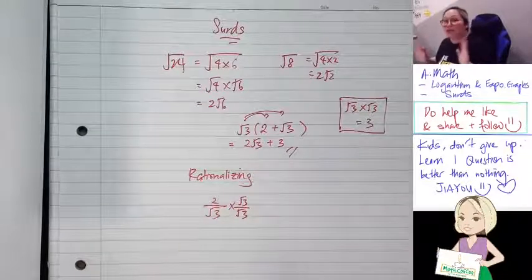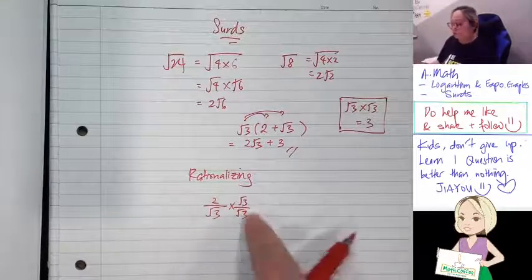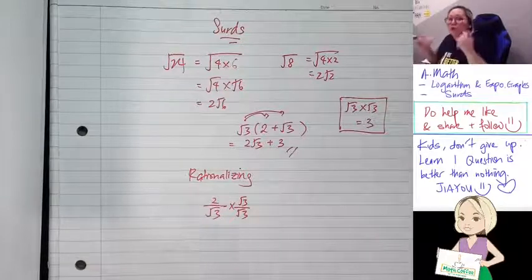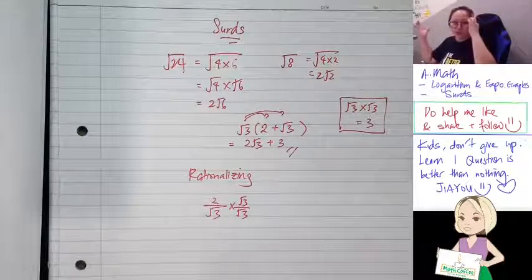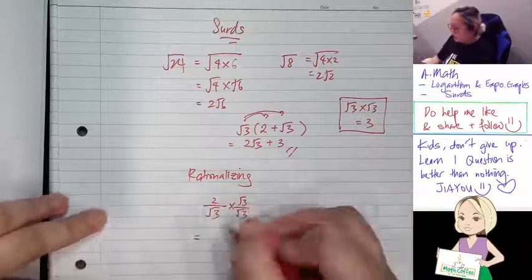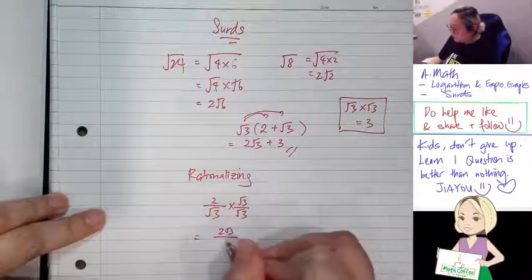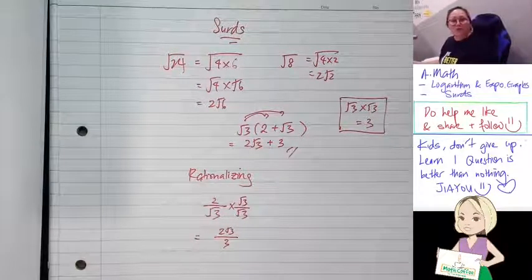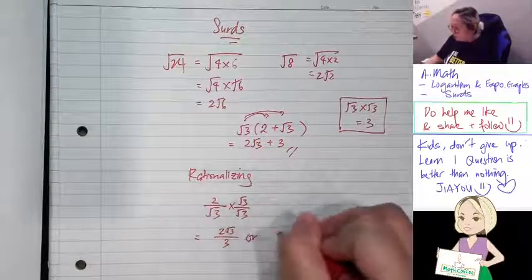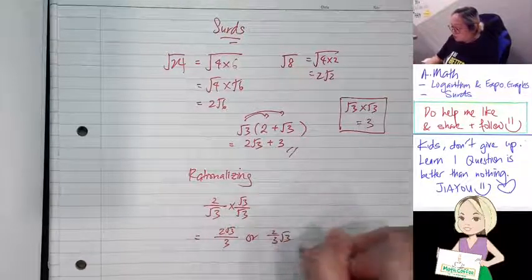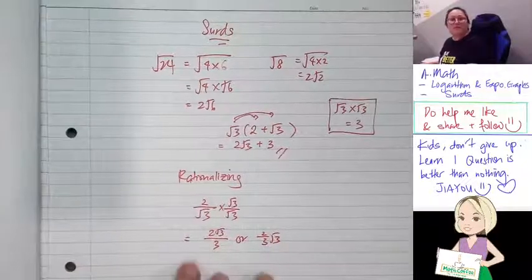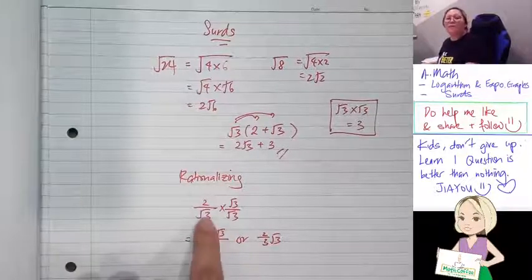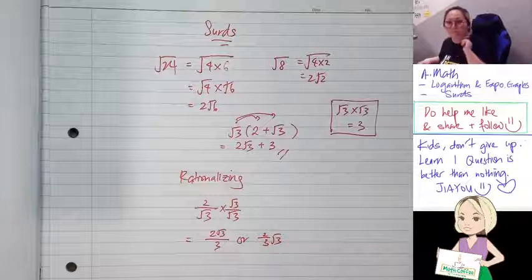So I'm not changing any value. Square root 3 over square root 3 is actually 1. I just want to bring the surds to the numerator. So then I get 2 square root 3 over 3. You can write in this form, or you write as 2/3 square root 3. Okay, this is the first rationalizing when your denominator is 1 term.